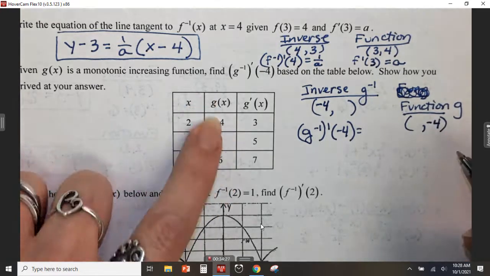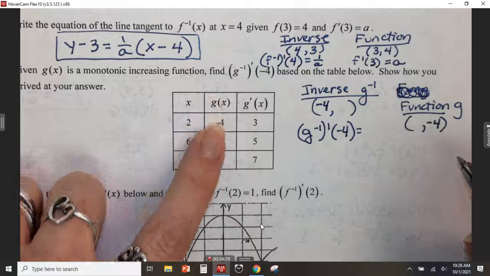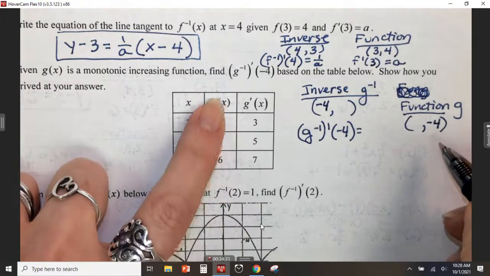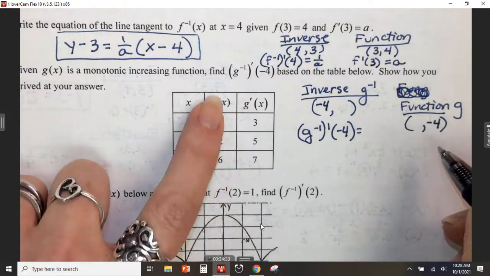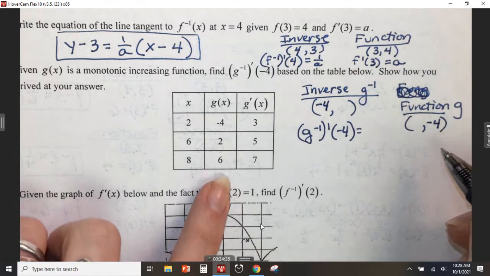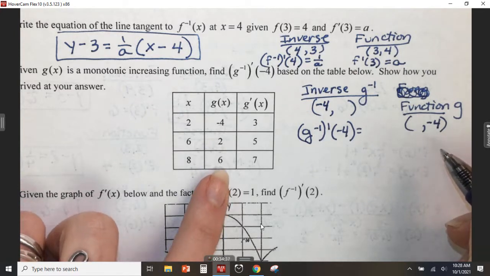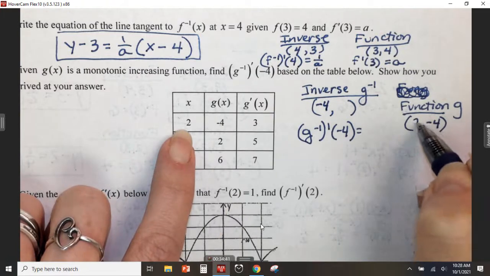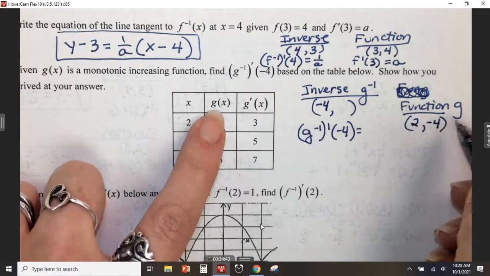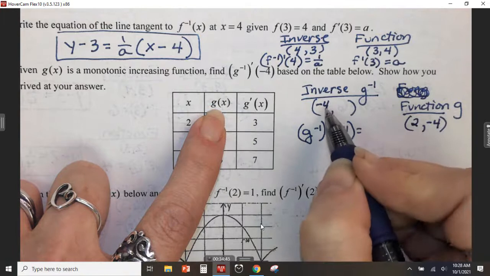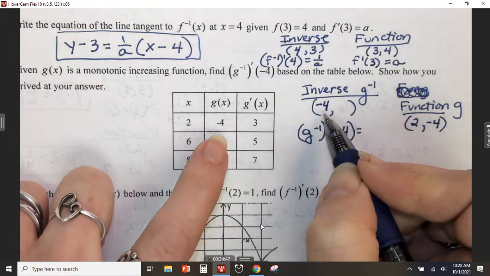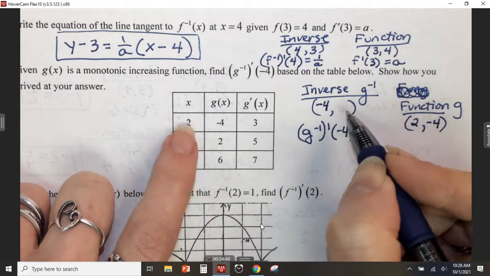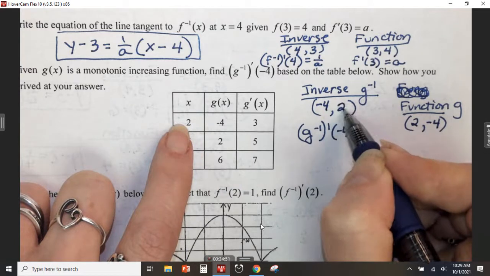Now we have a table of g of x, right? Do you see negative 4 as the y on the g of x table? Okay, so what x belongs with it? 2 is the x that goes with the y of negative 4 on g. So on the inverse, negative 4 is the x when the y is 2.